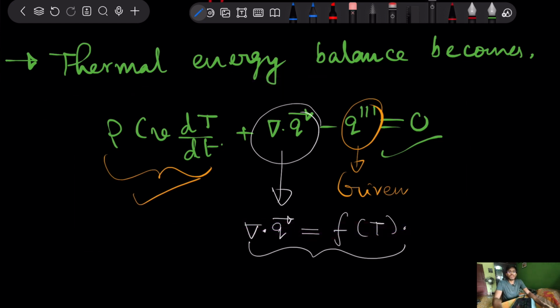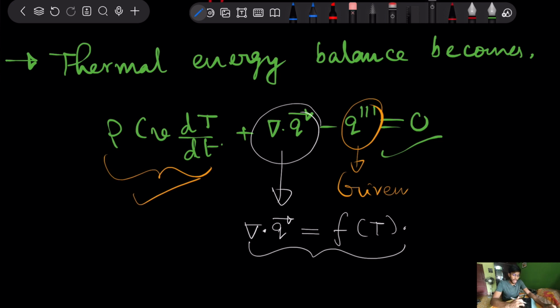Maybe in your undergraduate heat transfer course some teacher has taught you that, or you have gone through a classical heat transfer undergraduate textbook like Cengel or any other good heat transfer textbook, and you have seen the derivation of the heat conduction equation.